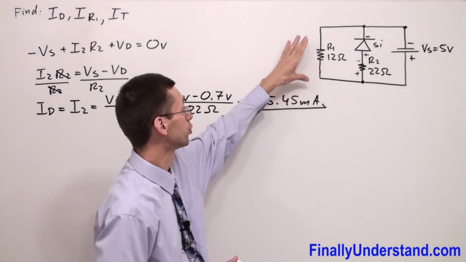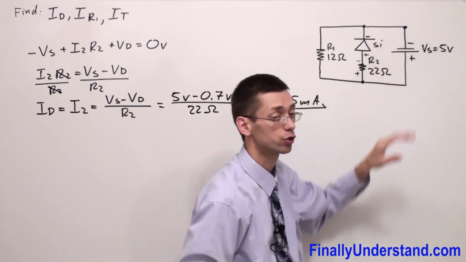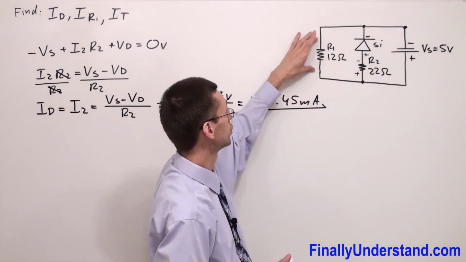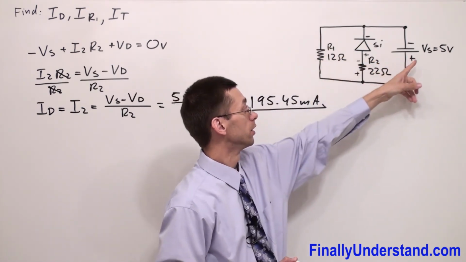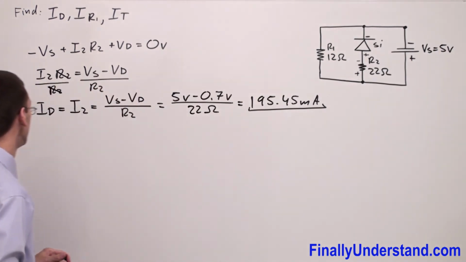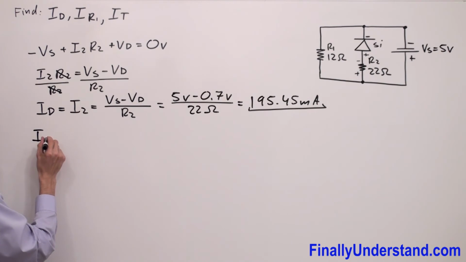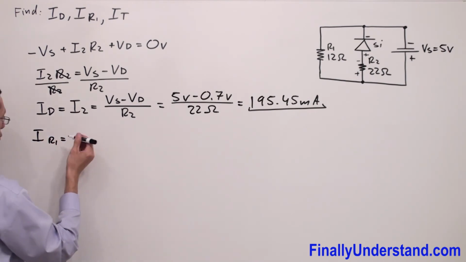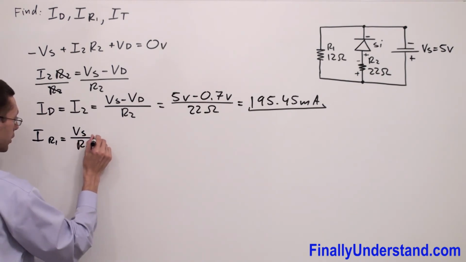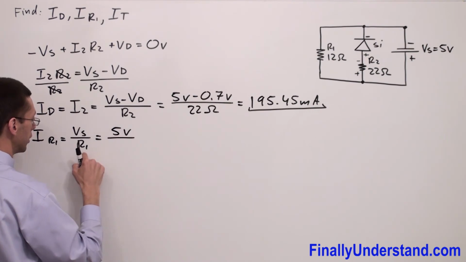Next, we're supposed to find the current which will flow through the resistor R1. Please notice that this resistor is connected across the voltage source. So it means that across this resistor, I'm going to have 5 volts. Okay? So if you want to find the current through R1, you simply use Ohm's law and divide the voltage source by R1, where the voltage source is equal to 5 volts over R1.